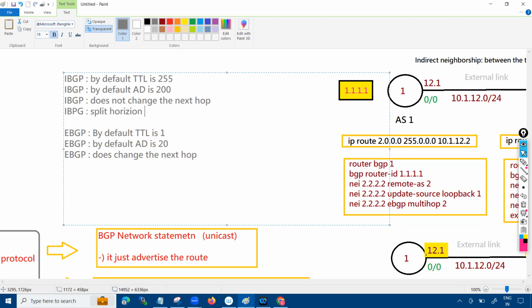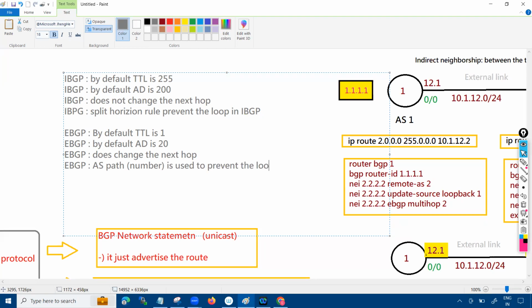In an interview, don't say that number, say the AS path.